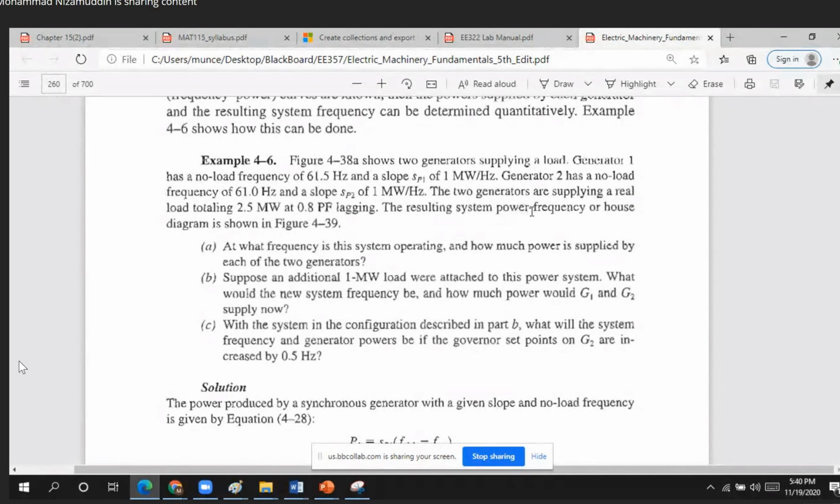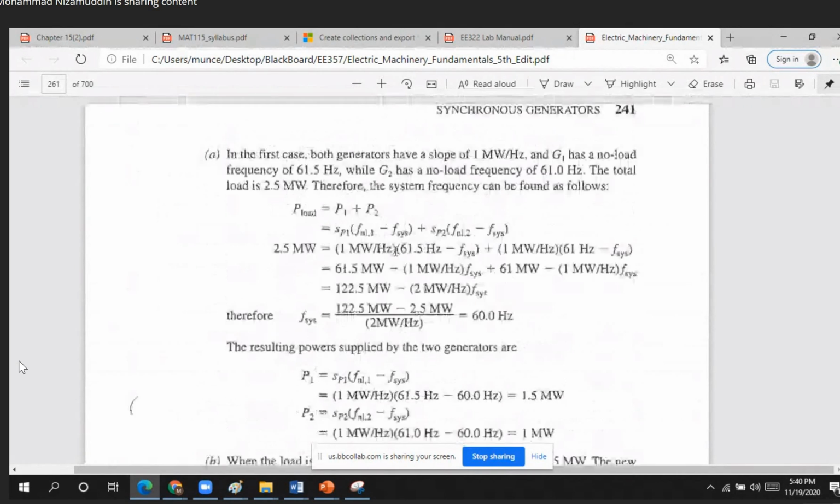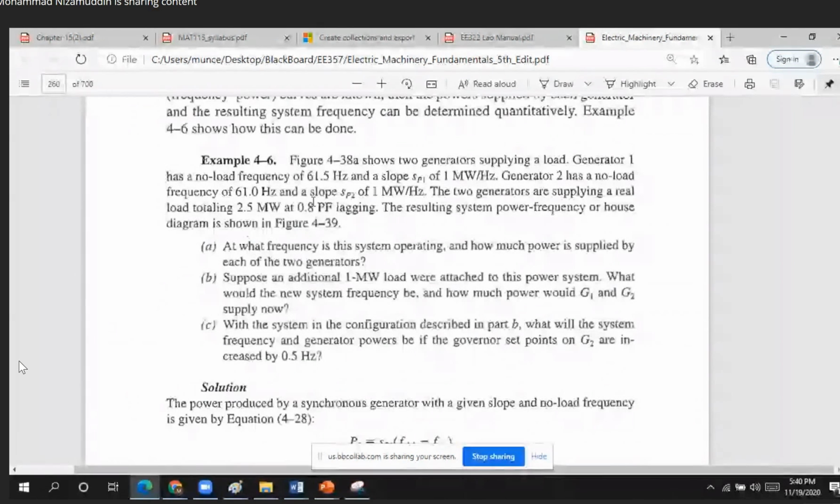The resulting system power frequency diagram is shown here. Oh, it's not shown here? Okay. Question 4-6 A asks at what frequency the system is operating, and how much power is supplied by each of the two generators.